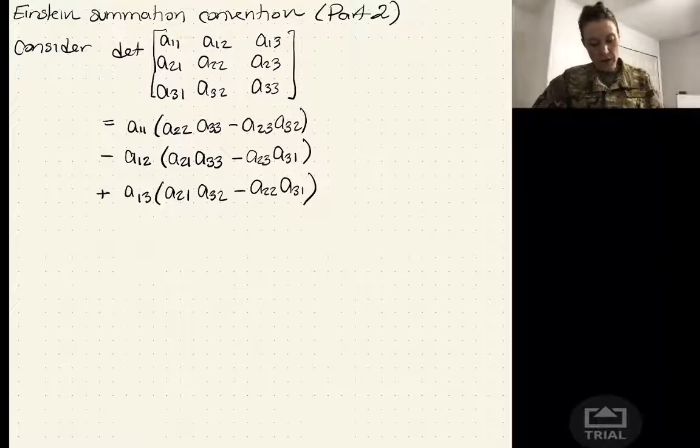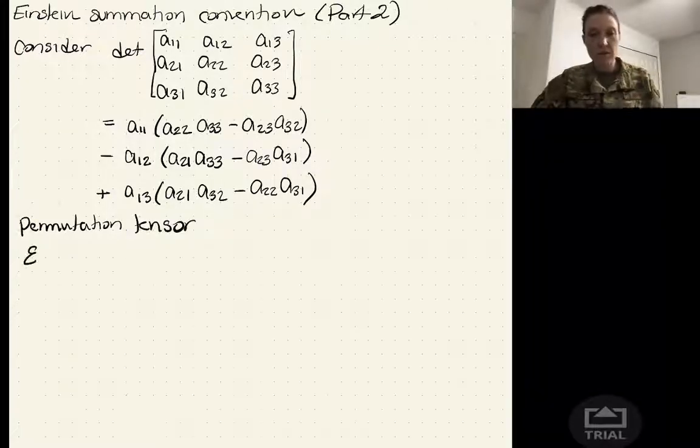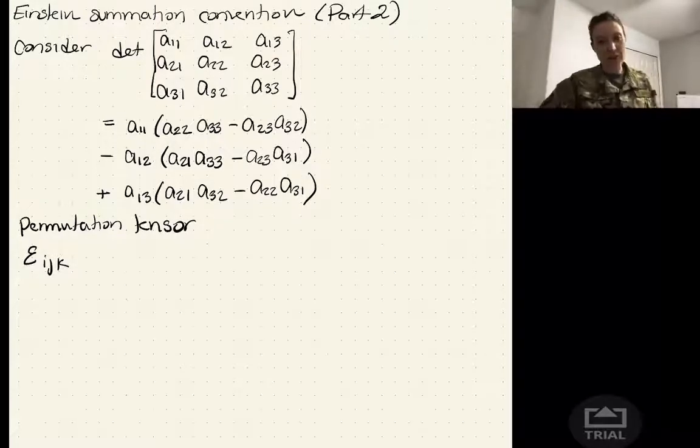So now I'm going to talk to you about the permutation tensor. This is represented by the Greek letter epsilon, and it has 3 indices, i, j, k, or really any 3 indices you like, but i, j, k is the most standard.